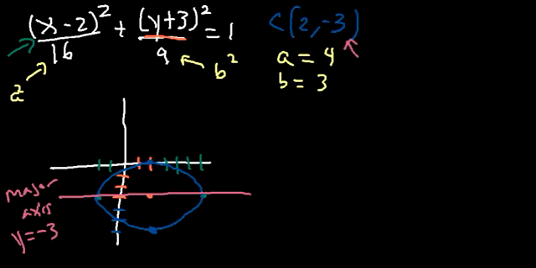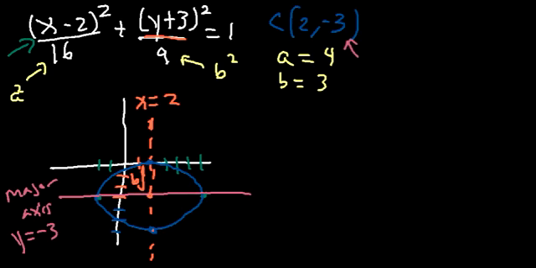That's the equation for it. The minor axis is wherever b is. This is the minor axis, because b was over here. So the minor axis, if you want to write that as an equation, is x equals 2.